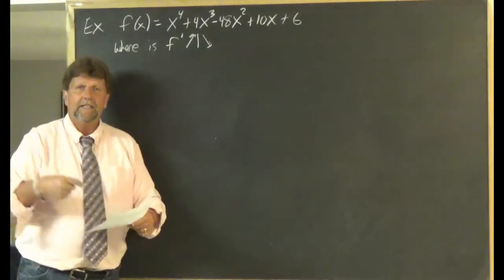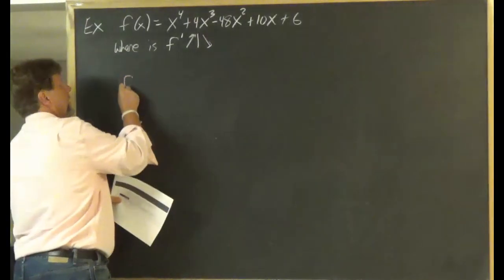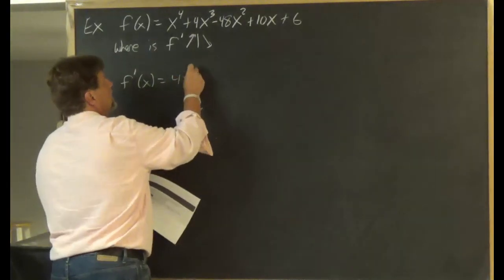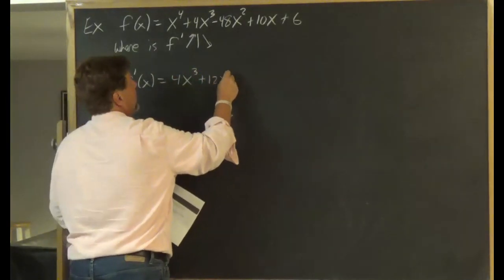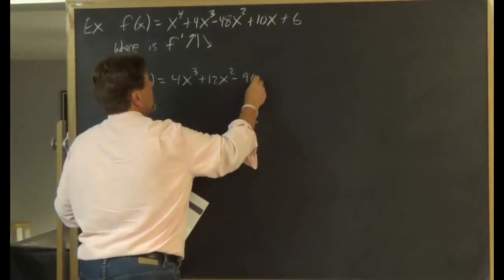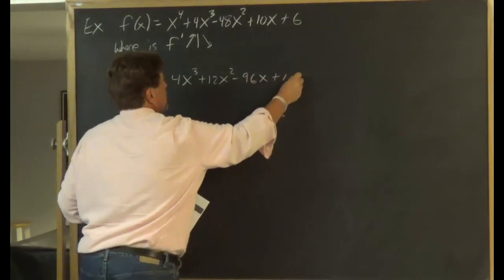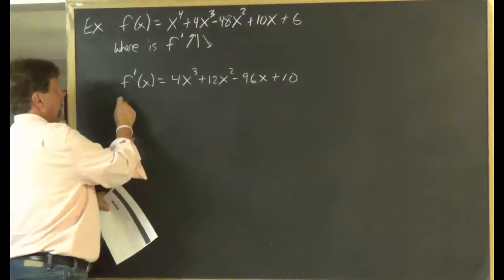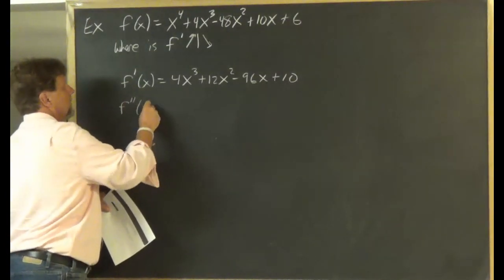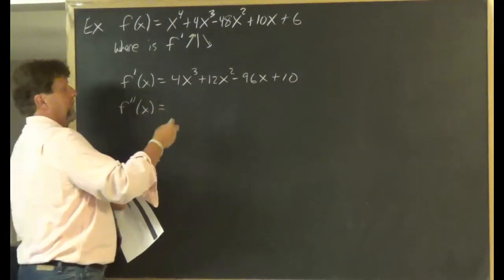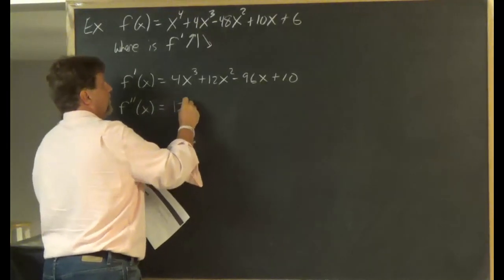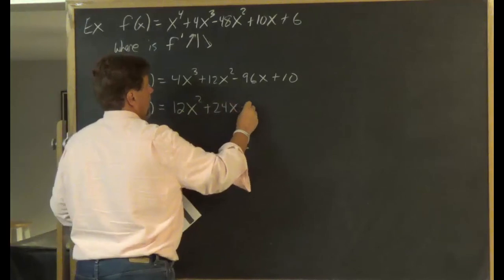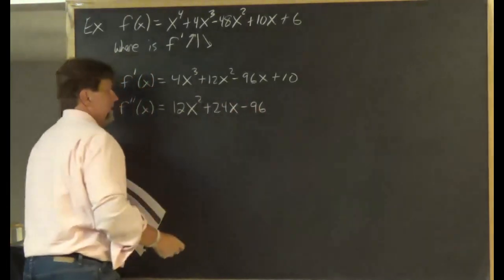So we need to get the second derivative. Here we go. The first derivative is 4x cubed plus 12x squared minus 96x plus 10. The second derivative is the derivative of the first derivative, so that's 12x squared plus 24x minus 96.